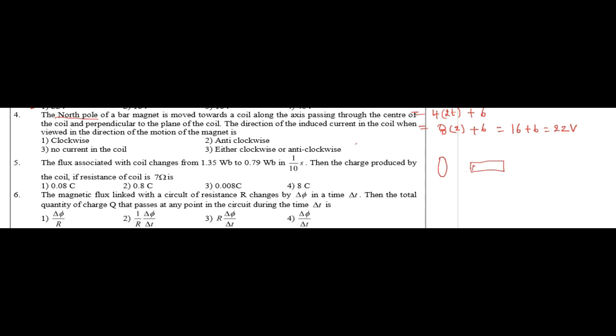This is the north pole of the magnet, this is the south pole of the magnet, and it is pushed in like this. If you push the magnet in this direction, then it creates a north pole here. Creating a north pole means the current will be moving in anti-clockwise direction, so the current will be in anti-clockwise direction.